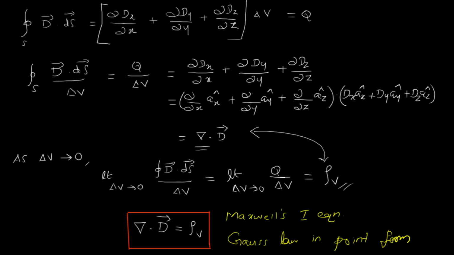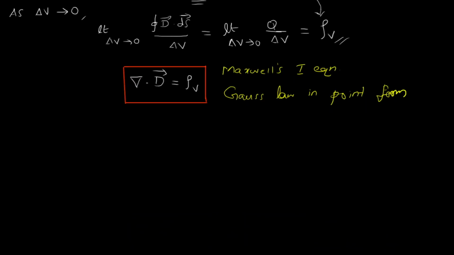Now this same equation, which is in differential form or point form, can be written in integral form. That is because I know that Q is closed integral D dot dS, which is the same as integral of rho v dv. So let us see how we can write this divergence theorem in integral form. From the initial discussion, when we started this derivation, we already said that the closed surface integral D dot dS can be expressed as the volume integral of rho v dv.